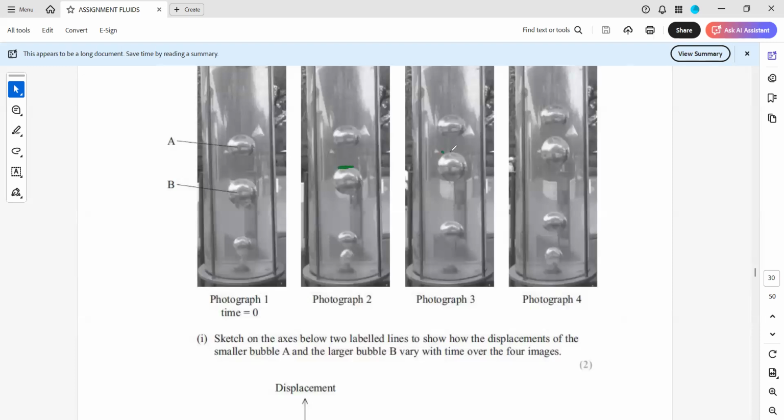If I'm using a surface here, I'll use this surface and measure this distance using a ruler. Let's say this distance is 0.5 centimeter. The scale is 1:12, so I'll multiply 0.5 by 12.